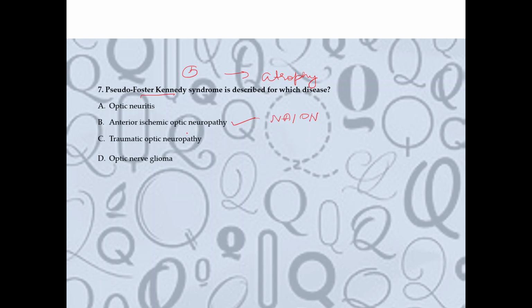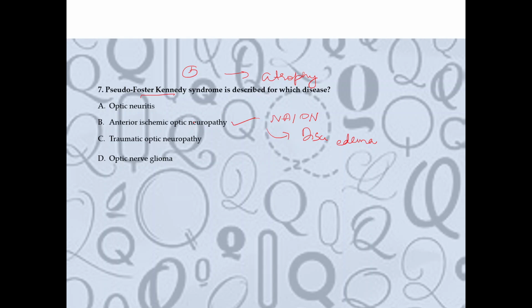Okay, so what is happening is one eye has already undergone optic atrophy and the other eye is now swollen, the disc is edematous because of sequential ischemic optic neuropathy. So the right answer here is anterior ischemic optic neuropathy. So the question is, how will you differentiate between true Foster-Kennedy and pseudo Foster-Kennedy syndrome?